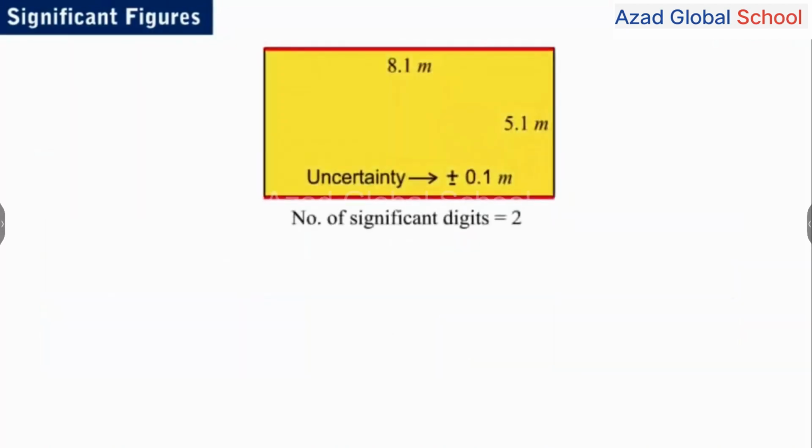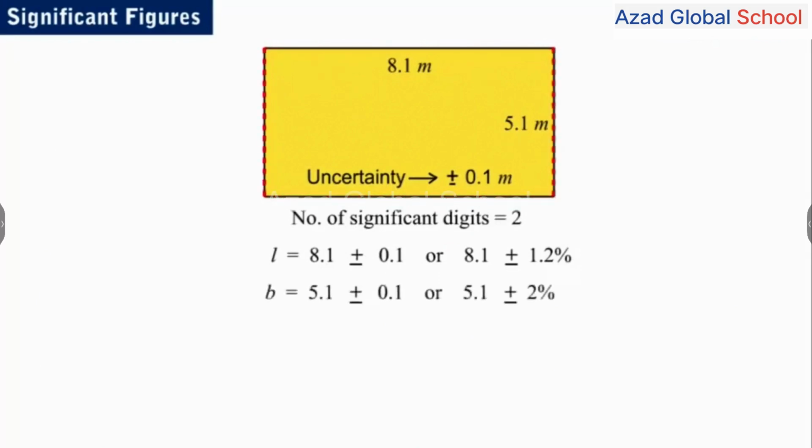Here, the length can be written as 8.1 plus or minus 0.1 or 8.1 plus or minus 1.2%, and the breadth can be written as 5.1 plus or minus 0.1 or 5.1 plus or minus 2%.